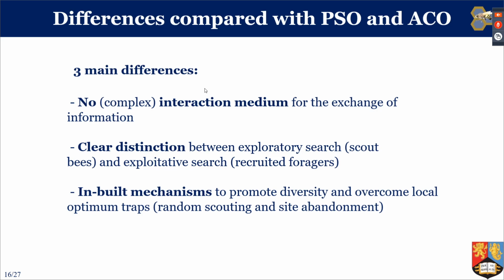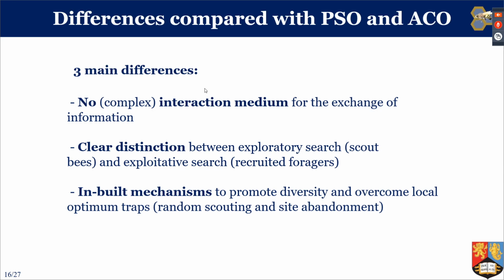In the basic bees algorithm, there is no pheromone employed. There is also a clear distinction between exploration and exploitation. This distinction is later on not used in a new version of the bees algorithm. But in the basic bees algorithm, there are 2 phases, exploitation and exploration, and they are separate.